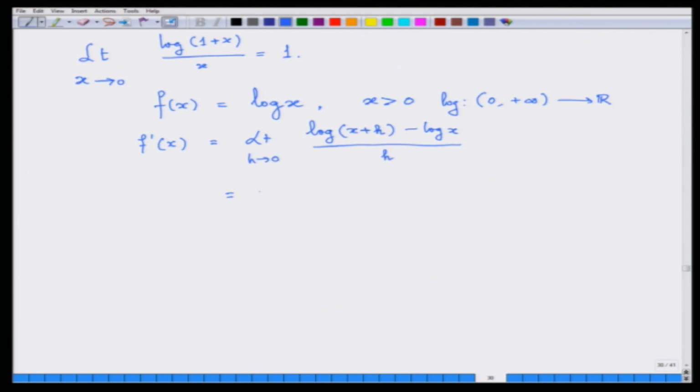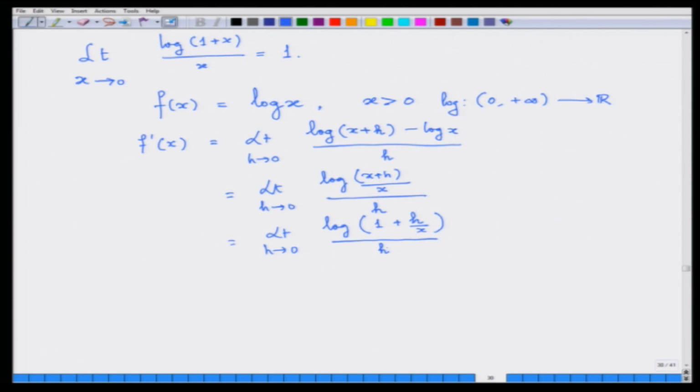So, this is the same as limit h tends to 0, and I write again: what I will get is log of (1 + h/x). See, my x is now fixed. x is a fixed number and x cannot be 0, x has to be bigger than 0.